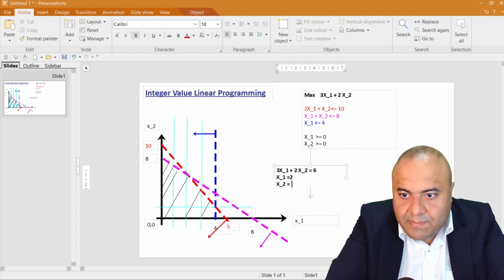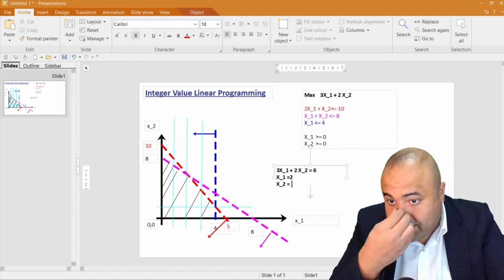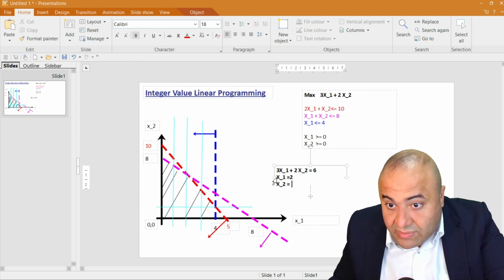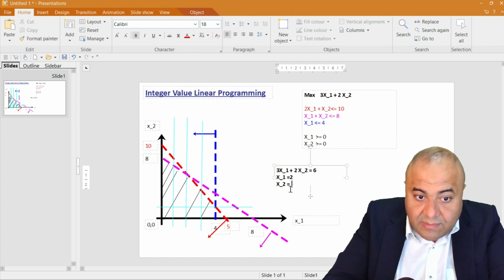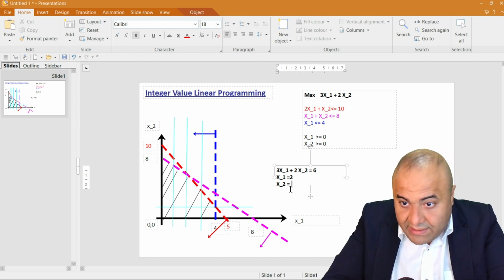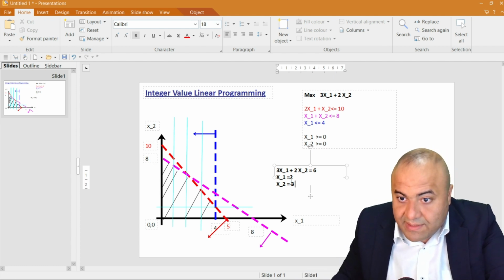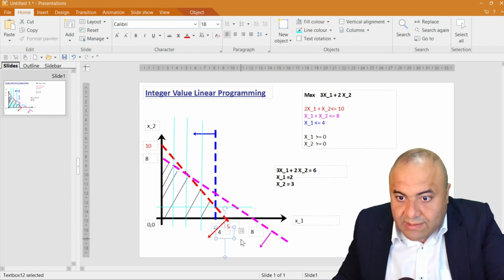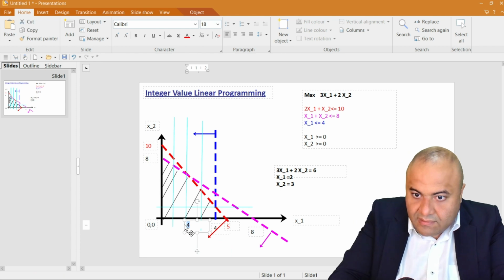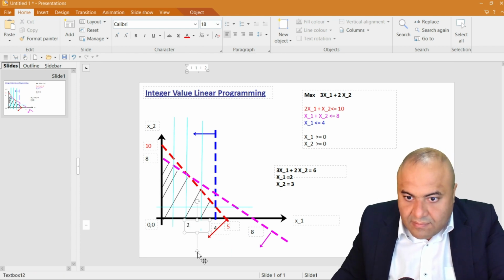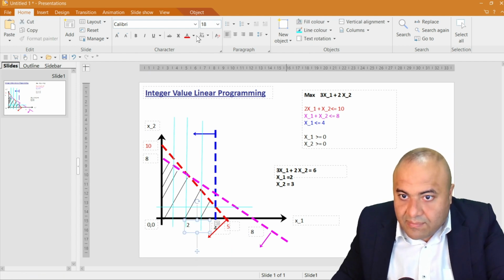and for x2, when x1 equals 0, 2x2 equals 6. That means it will be 3. So this number, x1 equals 2, is actually going to be here, and we can give it a color.